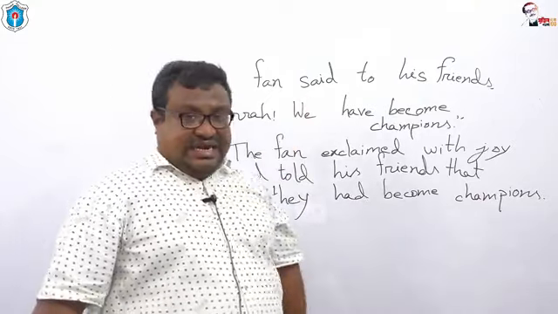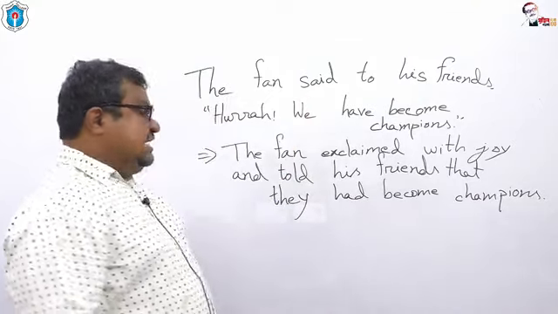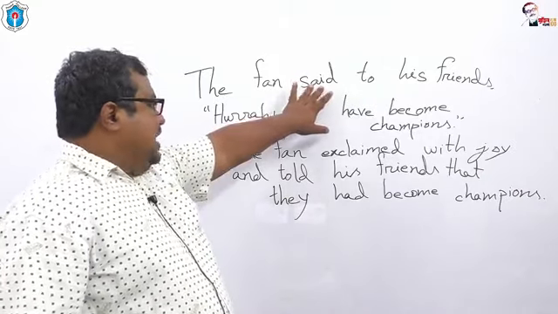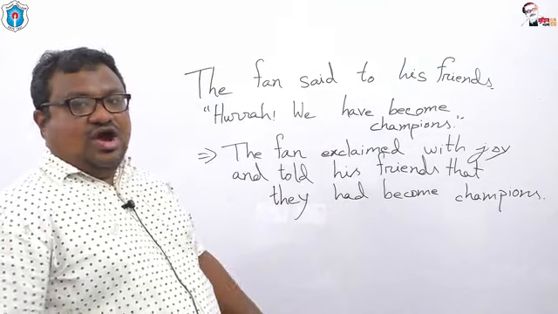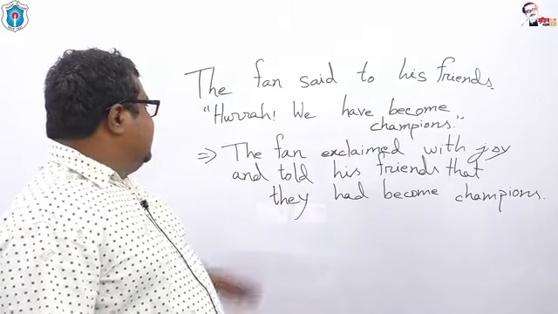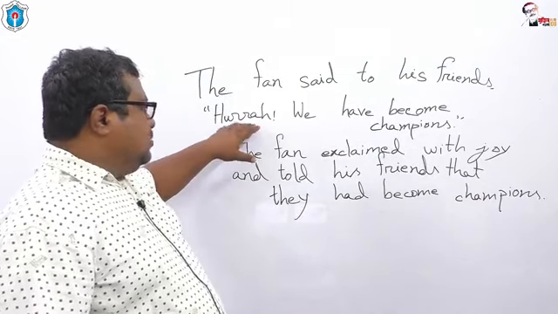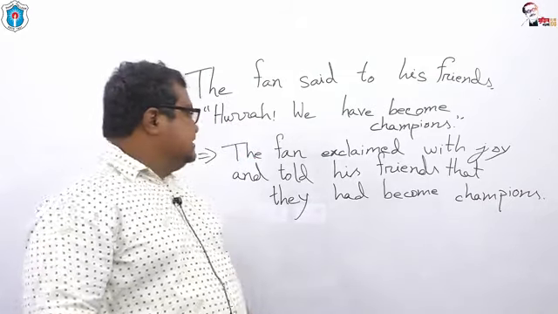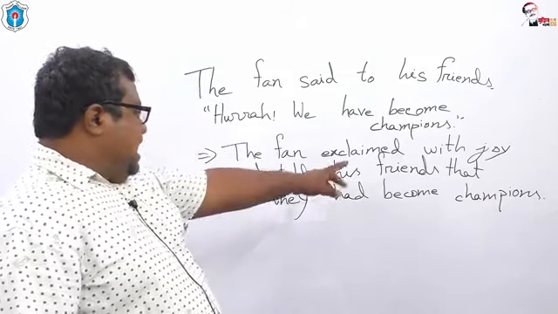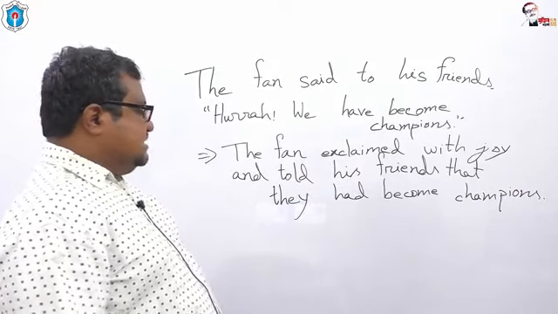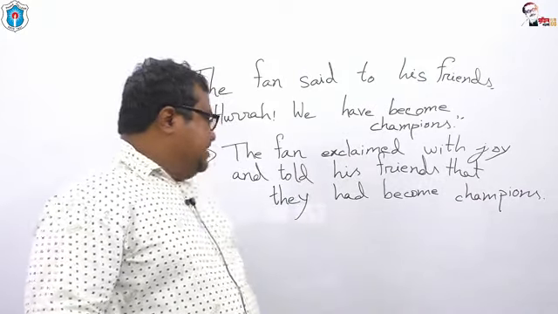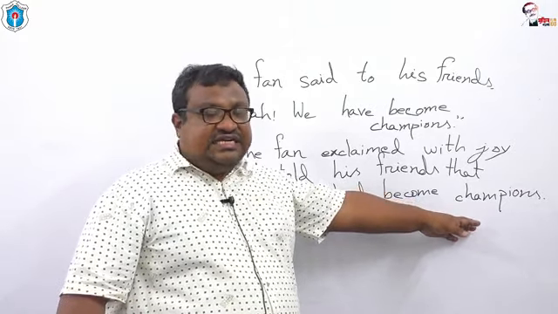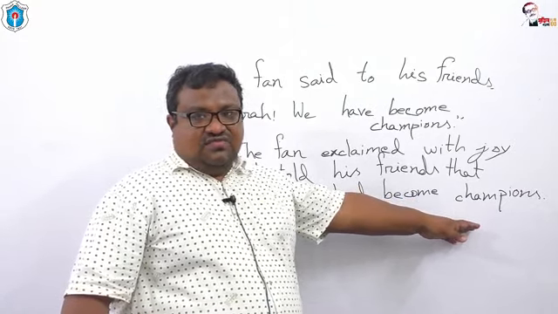But the matter is, in case of exclamatory sentence, we have to use exclaimed with joy or exclaimed with sorrow, these things. We have to remove the word hurrah or wow, that is this type of expressions. And then after the relative pronoun that, we are using the assertive format.